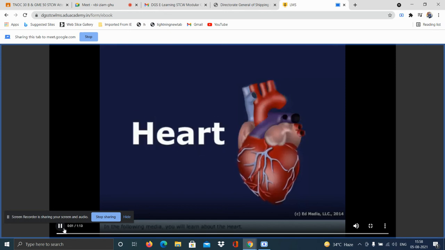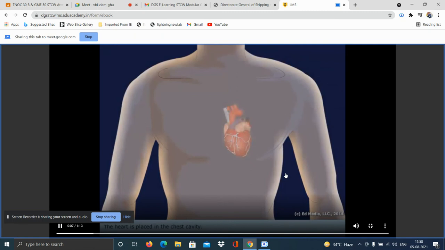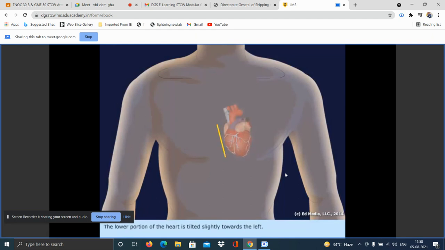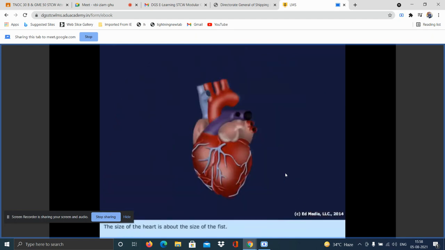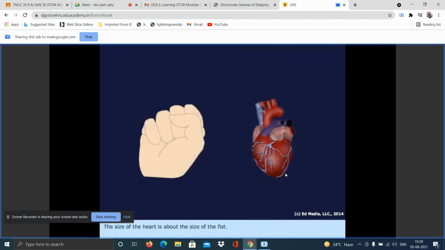In the following media, you will learn about the heart. The heart is placed in the chest cavity. The lower portion of the heart is tilted slightly towards the left. The size of the heart is about the size of a fist. Very important, that's the size.